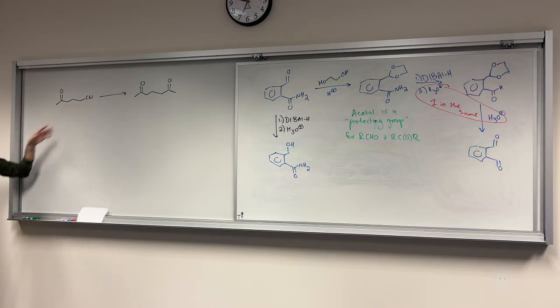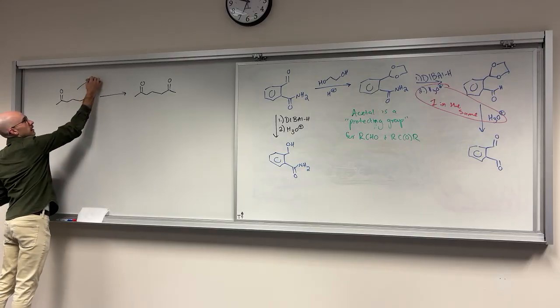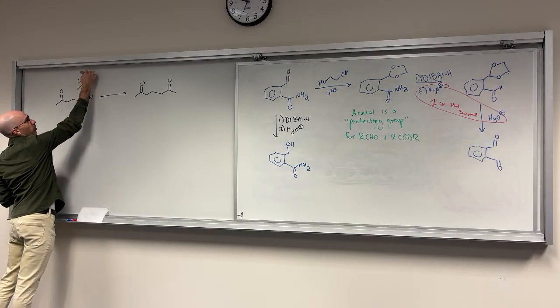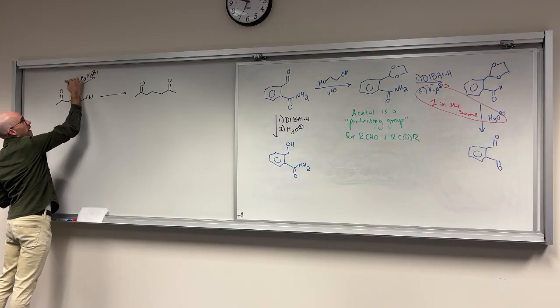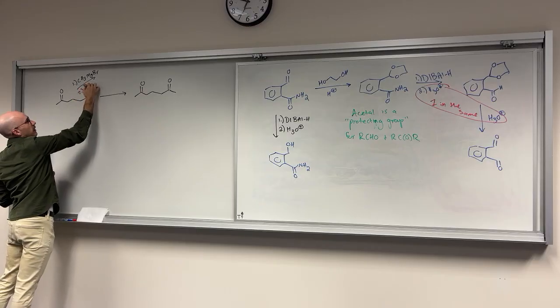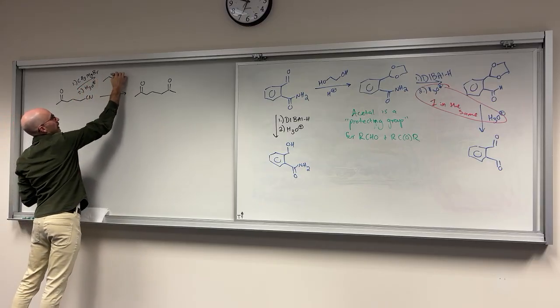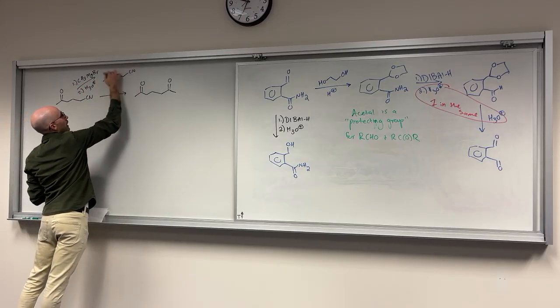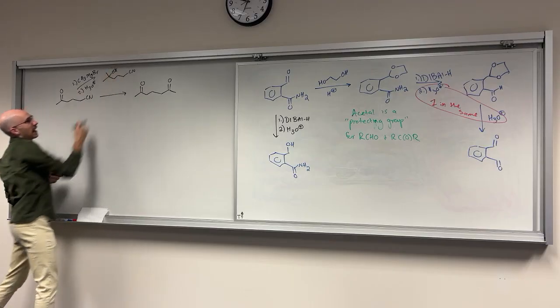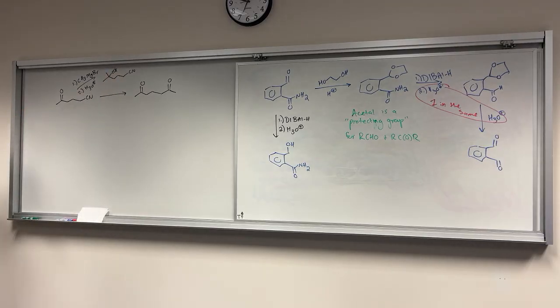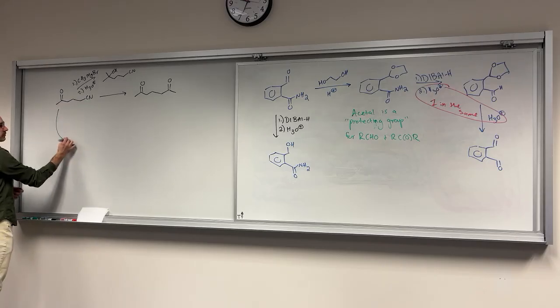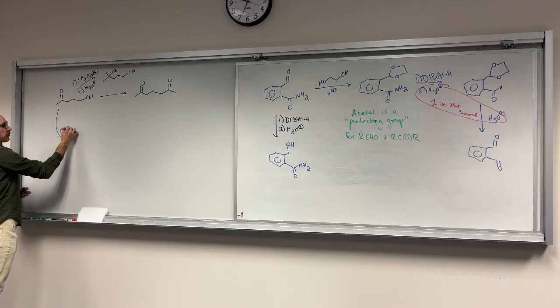So if I add a Grignard here, and the Grignard I'm looking for in this case is methyl Grignard, I keep my nitrile and I get a tertiary alcohol, not what I'm looking for. So what can I do? I can protect.